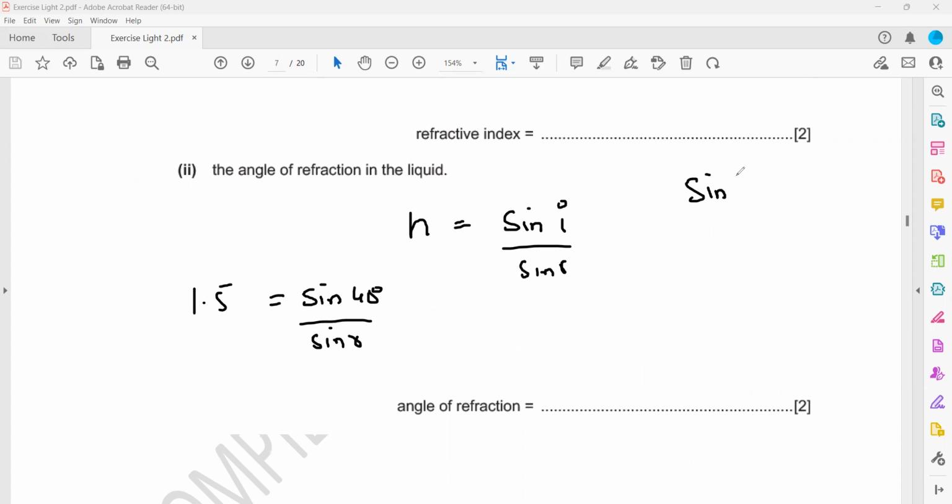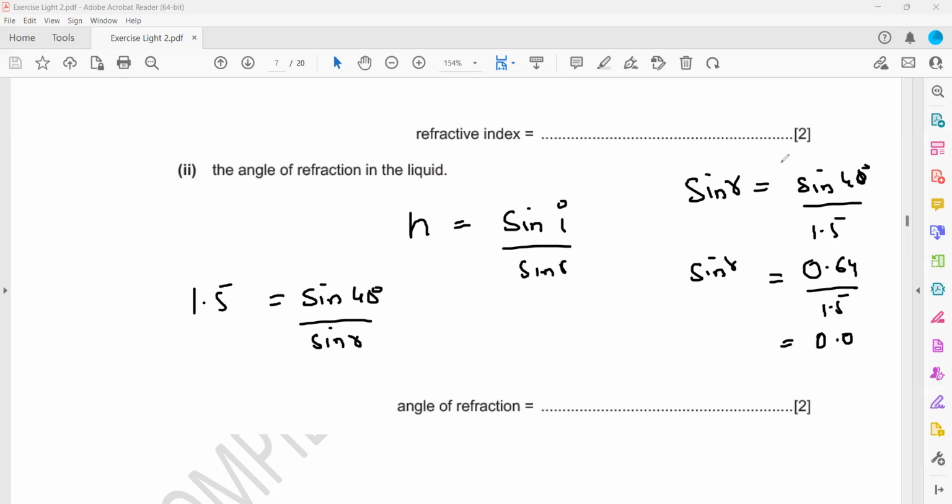So sin r equals sin 40 divided by 1.5. What is sine 40? 0.64. So 0.64 divided by 1.5. What's the answer for this? 0.426.